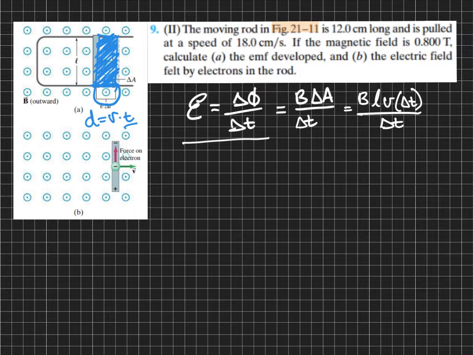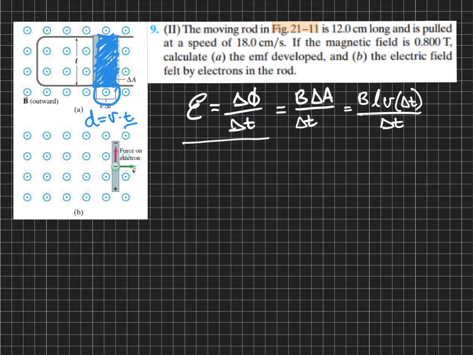To find the area of this rectangle, we take the length of this side, which is L, and multiply it by the length of this side, which is D, or velocity times time. So we can rewrite our change in area as length times the distance it went, which was velocity times time.